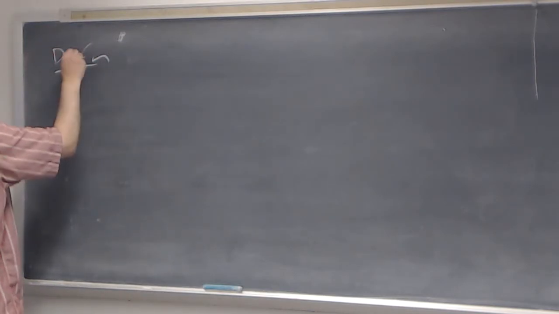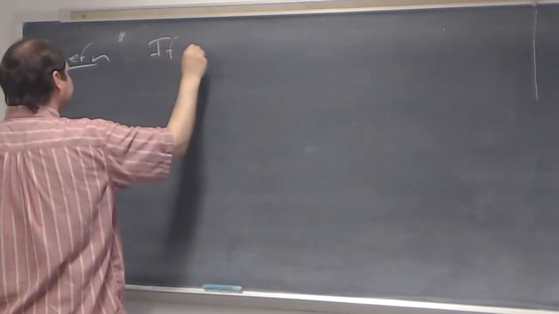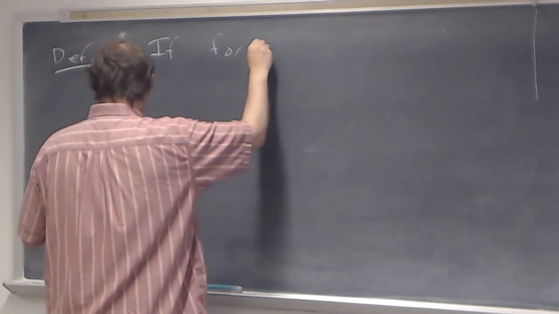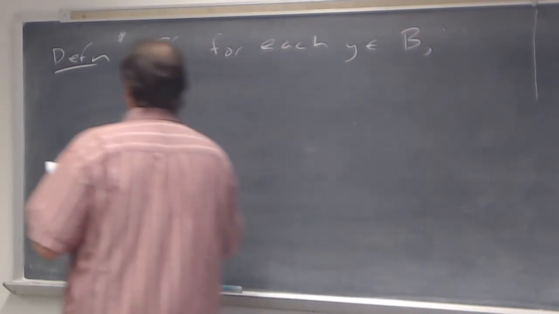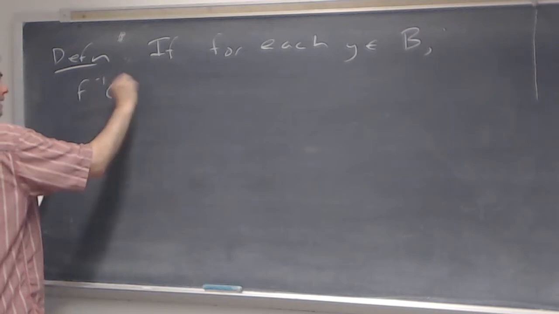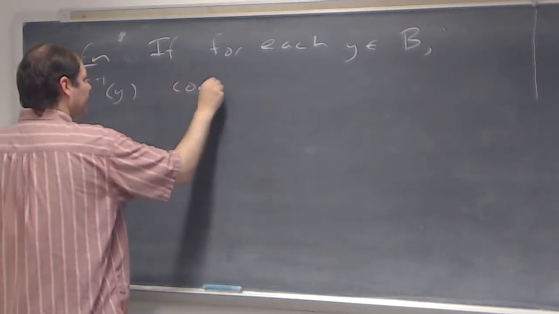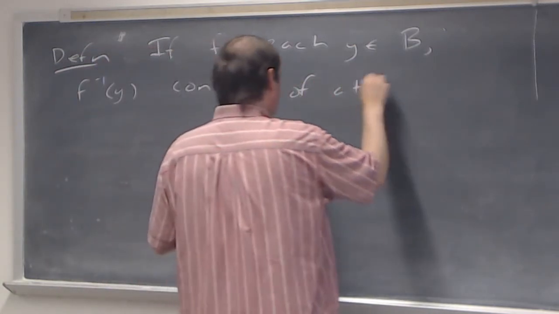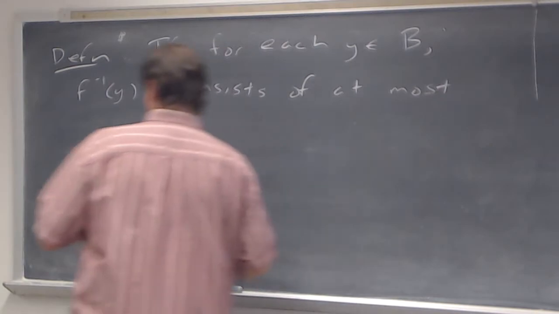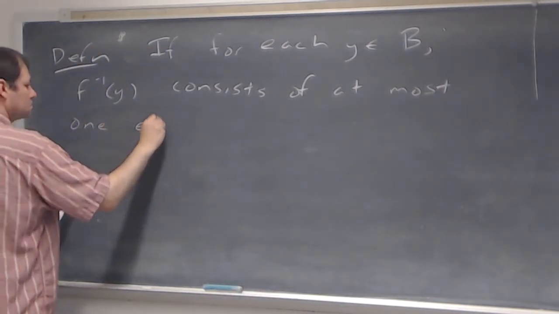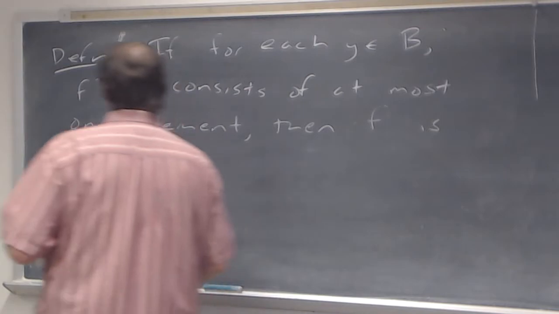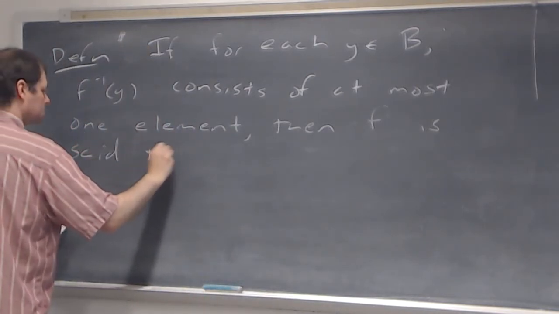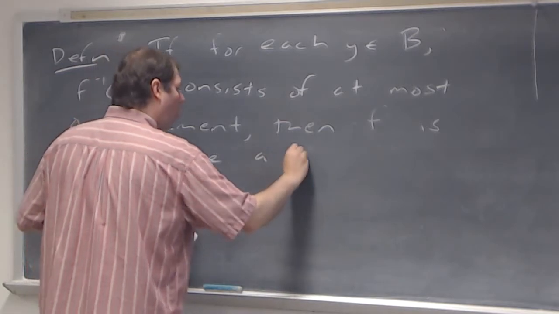Another definition. If for each y in B, f inverse of y consists of at most one element, then f is said to be one-to-one.